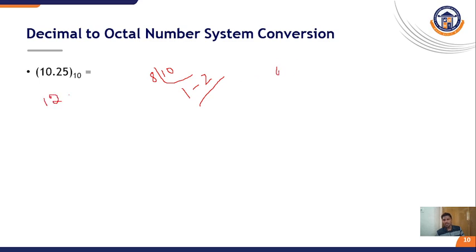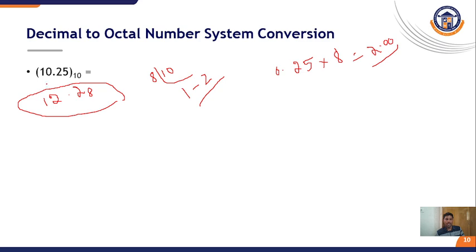Now consider this fractional part, 0.25 multiply with 8, which is equal to 8 into 5 is 40 and 8 into 2 is 16 plus 4 is 20. So the fractional part becomes 0, so we can stop here. So we get 12.2 base 8. This is the octal equivalent of the decimal number 10.25.